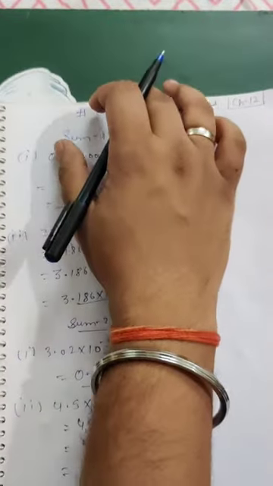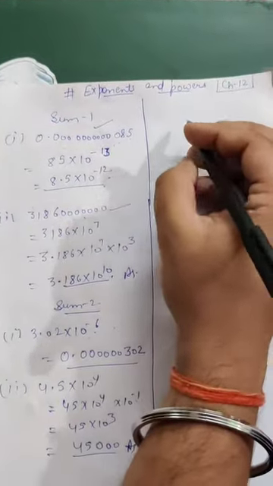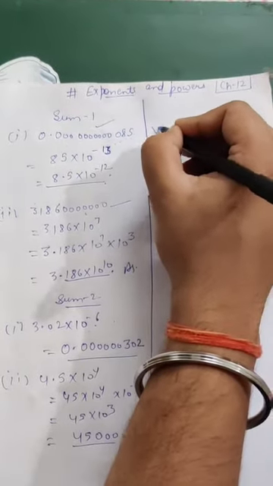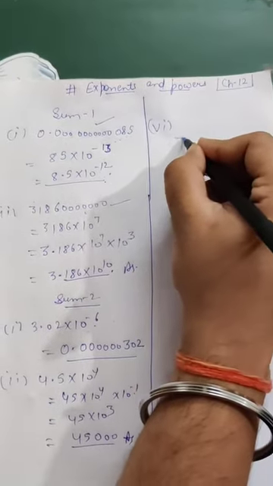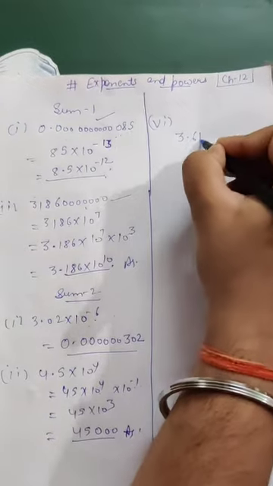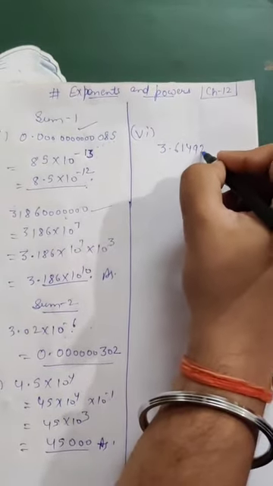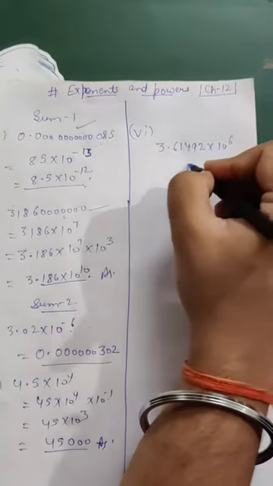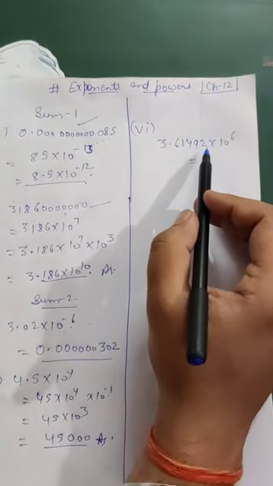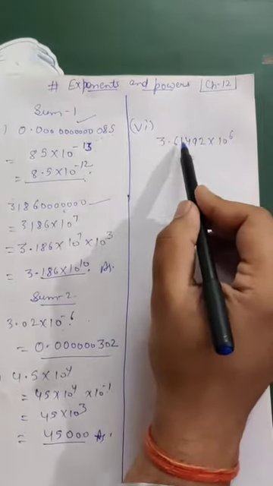See one more part of this question, that is the sixth part: 3.61492 multiply 10 raised to the power 6. Now see, the decimal is at how many places? 1, 2, 3, 4, 5.